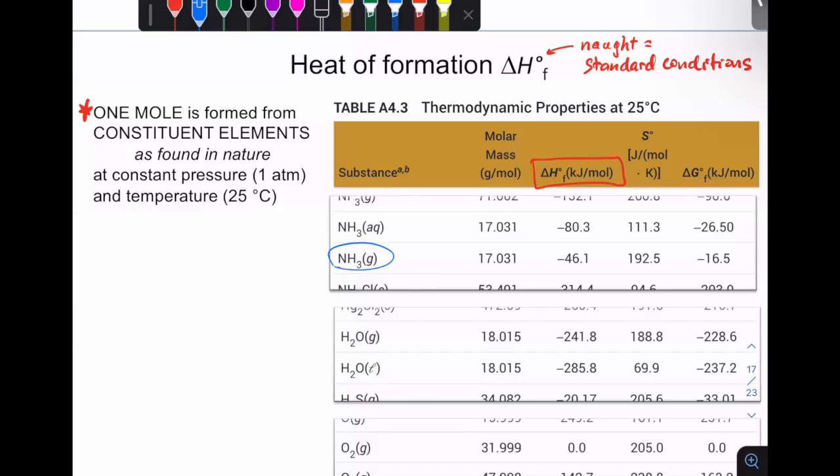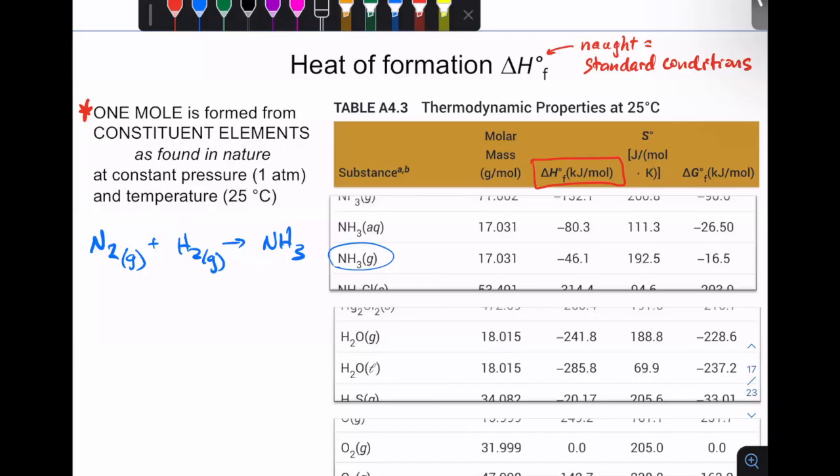And how do we find nitrogen in nature? Nitrogen and hydrogen are found in nature diatomically. So N2 gas plus H2 gas will form NH3. But now we are restricted to define the molar ratio that gives us 1 mole.